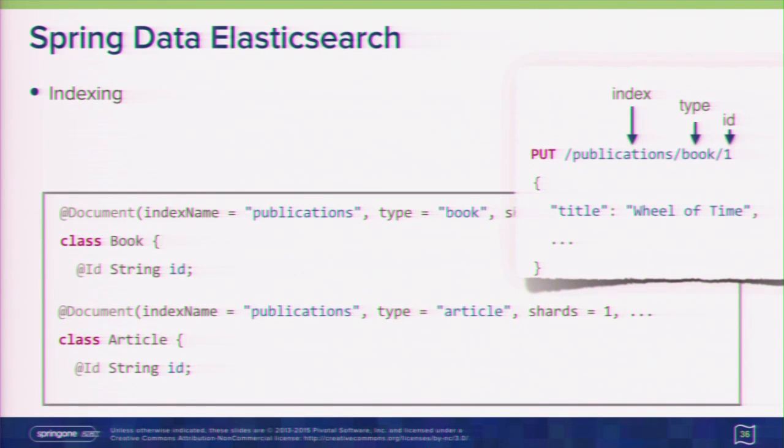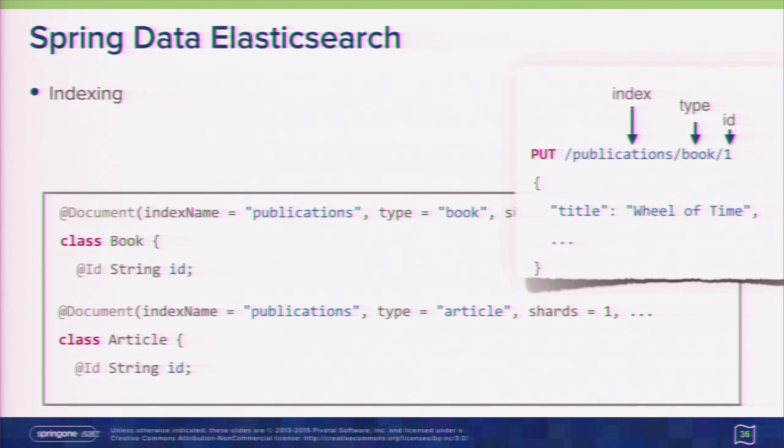What I now can also do is have a class article, which is also stored in the collection of publications, but is of type article. So the request up there would change to publications, article, what have you, ID. The thing you have to be aware of is that the properties of both those types need to match.